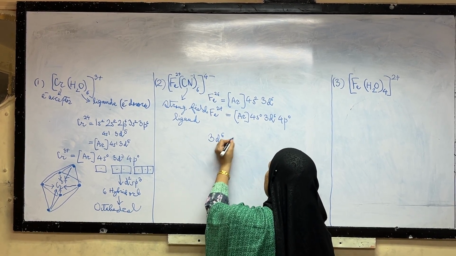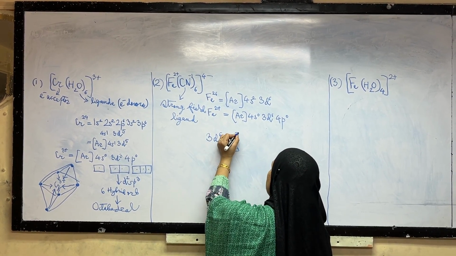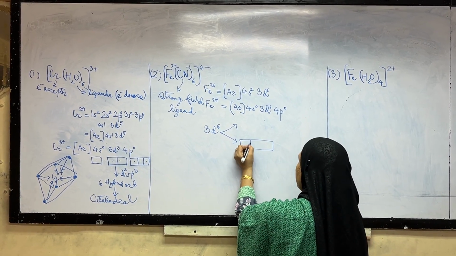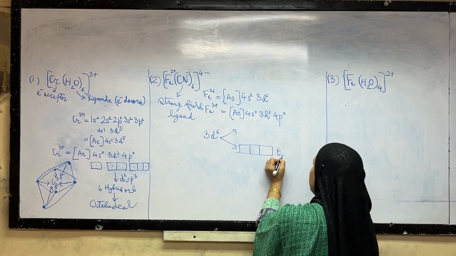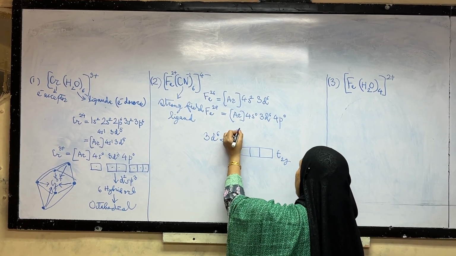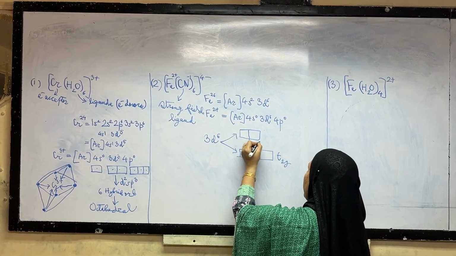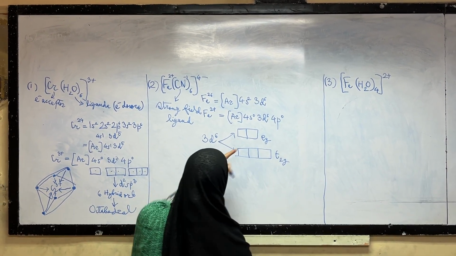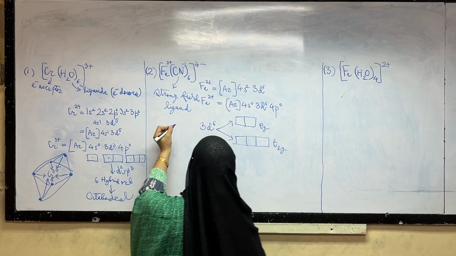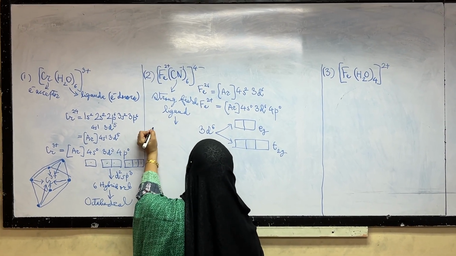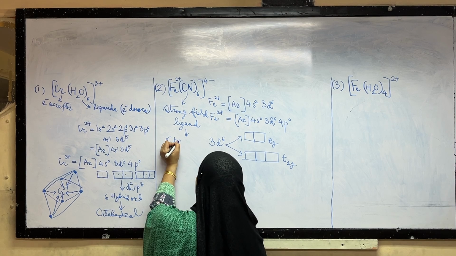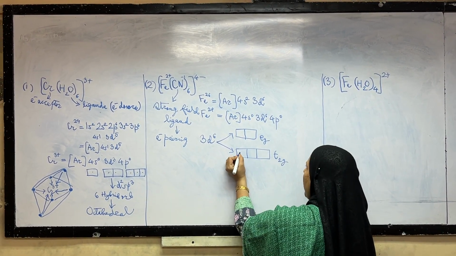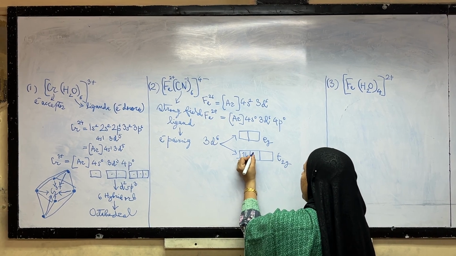3d6. This will split into 2 energy levels. One of lower energy, which will have 3 orbitals. This is called T2g. And one higher energy level with 2 orbitals, which is called Eg. This is known as crystal field splitting. And not just that, it will cause electron pairing in the d orbitals. So here we will have 6 electrons paired up like this.